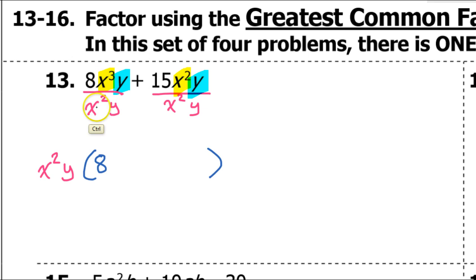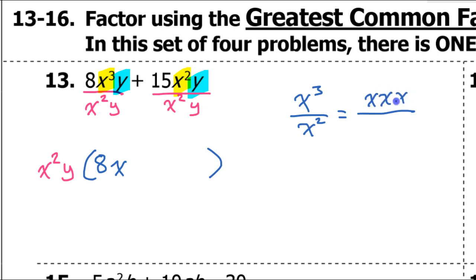If we have x to the third power divided by x squared, that's going to simply be x. Now you can think of that as subtracting, right? 3 minus 2 is 1. That's why I just have 1x. Or you can think of it this way. If I have x to the third power over x squared, x to the third power really means x times x times x. X squared really means x times x.